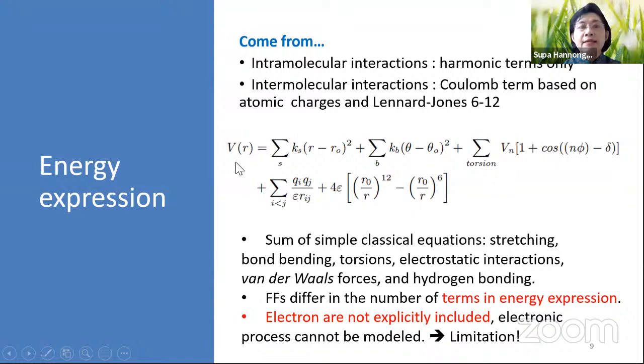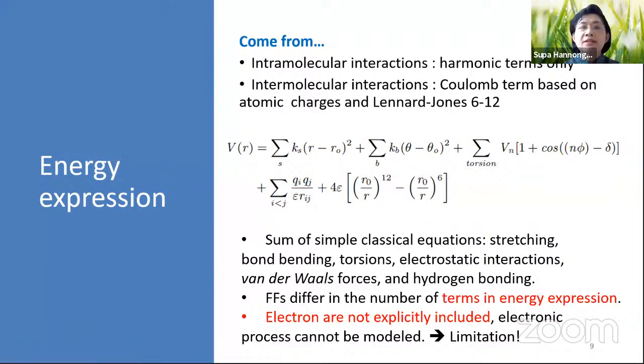So if we look at the energy expression, it is mathematical terms combined together. The first ones are the bonding energy, bending energy, torsional energy, and Coulomb energy. And the last is the Lennard-Jones potential.